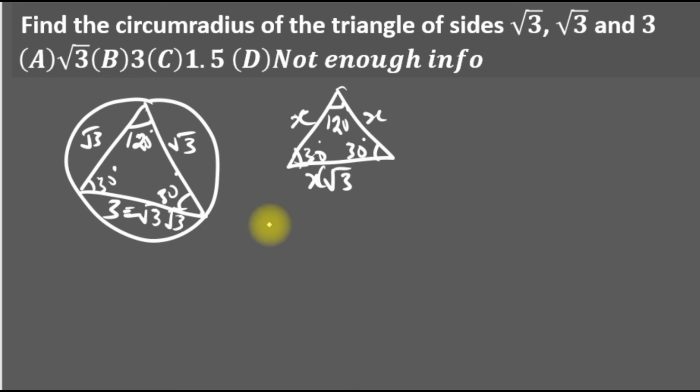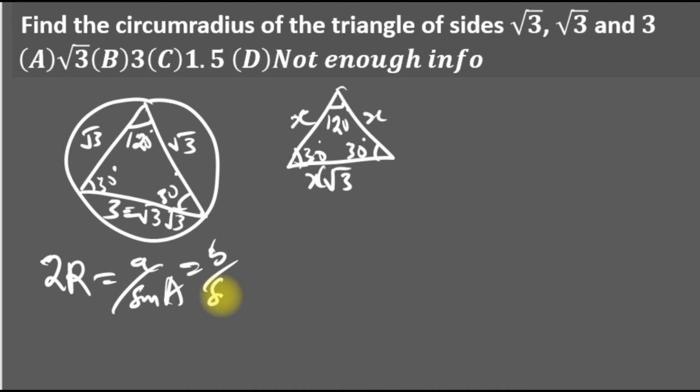So using the formula we just derived, that 2 radius is always a over sine a, b over sine b, c over sine c, we can label this as a, b, c. But remember, we're just taking one of the equations. I'm taking this.